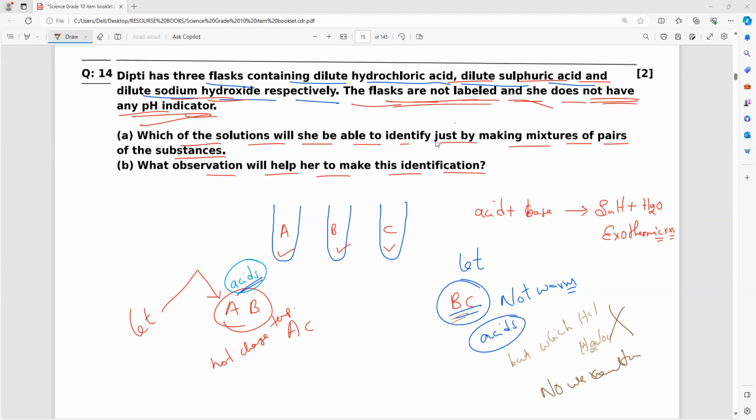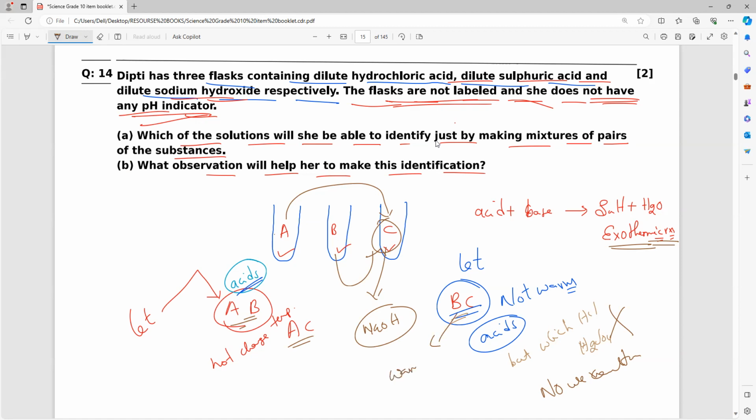Now, if A is mixed with C and I find that the temperature is increasing, I feel warm, it means C is definitely what? NaOH. Or when I mix B and C, then also I feel it is warm, then also I can identify C is NaOH.